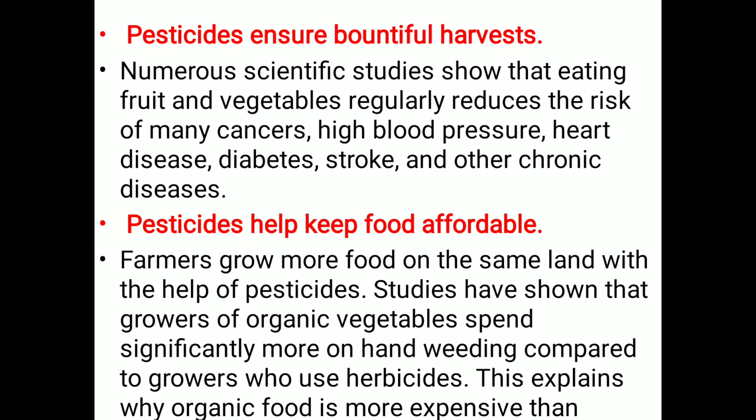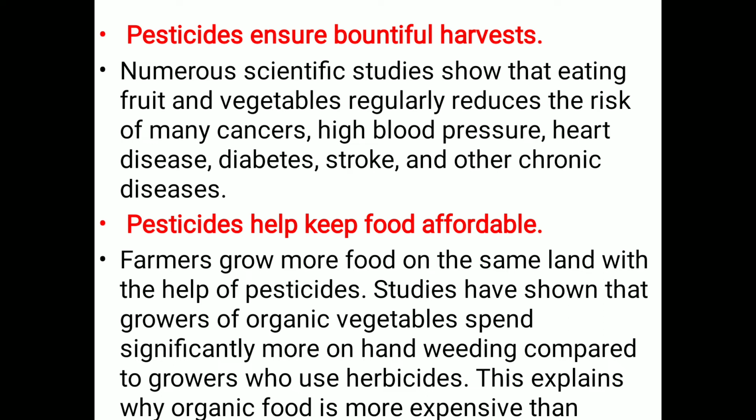For example, it reduces the risk of many cancers, high blood pressure, heart disease problems, diabetes, stroke and other chronic diseases. That means different kinds of diseases are prevented with the introduction of natural pesticides, mostly those of biological origin.